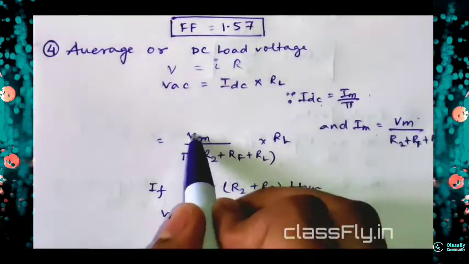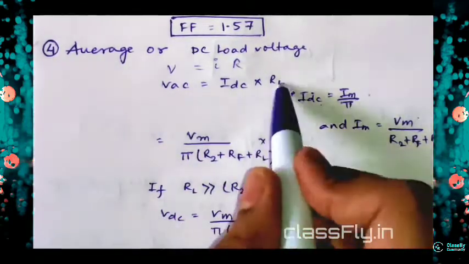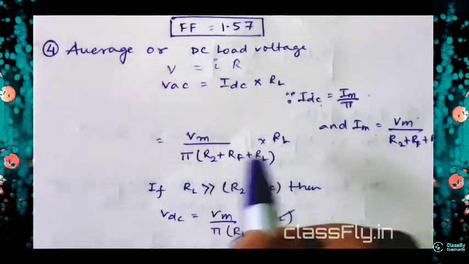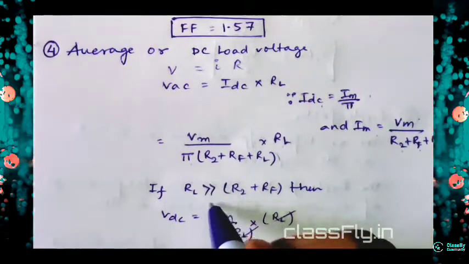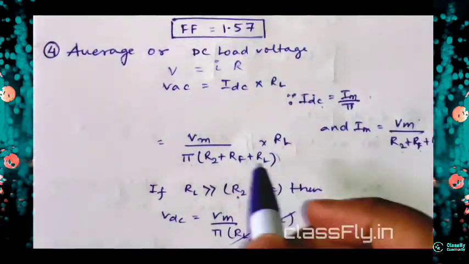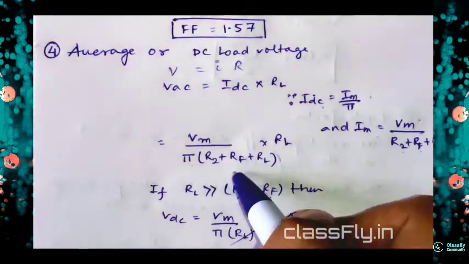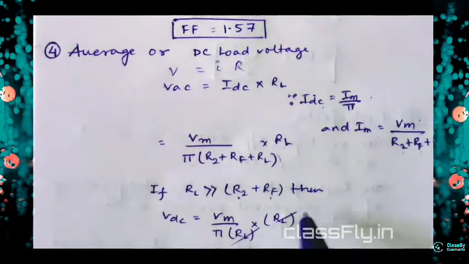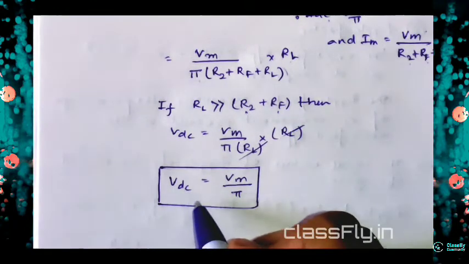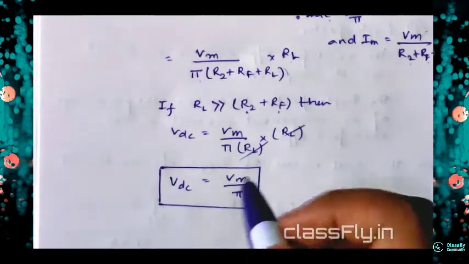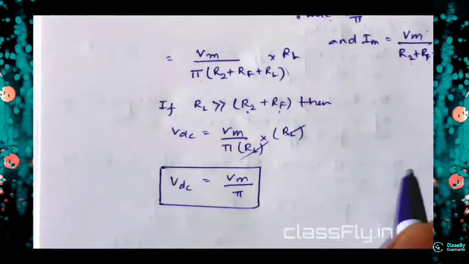So we write Vm into RL divided by pi (R2 plus RF plus RL). If RL is greater than R2 plus RF, then we neglect R2 plus RF, which will be negligible. So RL and RL get cut, and we get the answer that VDC, the average or DC load voltage, is equal to Vm by pi.